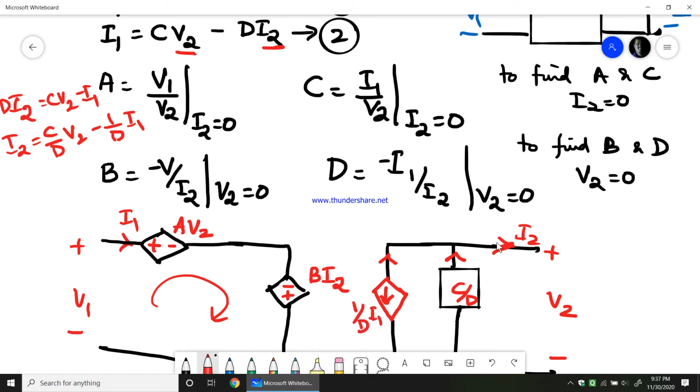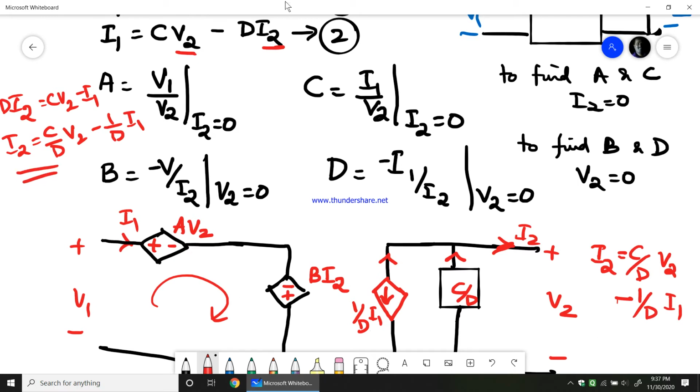Now if you write I2 as the summation of these two, leaving equals entering. So I2 would be equal to C by D into V2, whereas this one should be entering but is leaving. So I write minus 1 by D into I1. Therefore I got this equation.